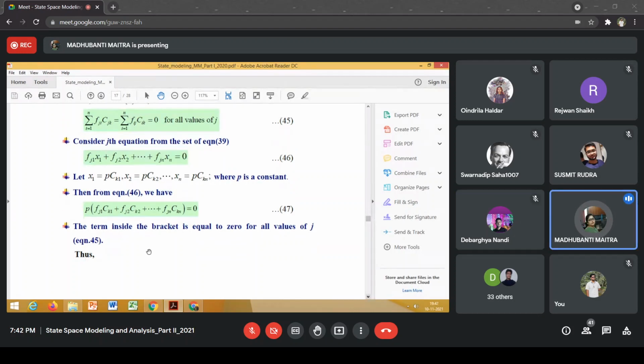The term inside the bracket will always be equal to 0 for all values of j, and hence this could be considered as non-trivial solutions for these x values.